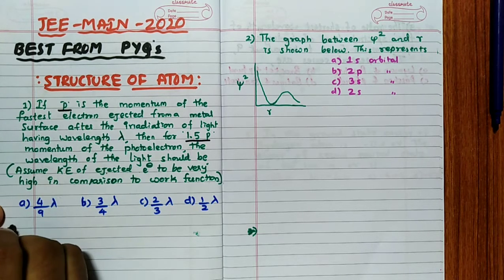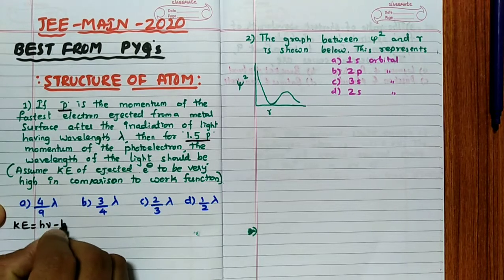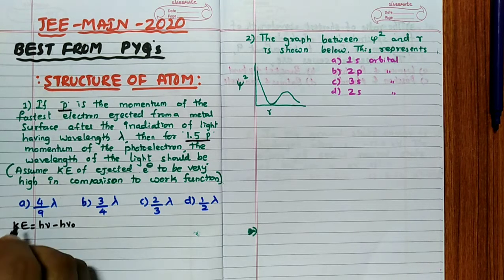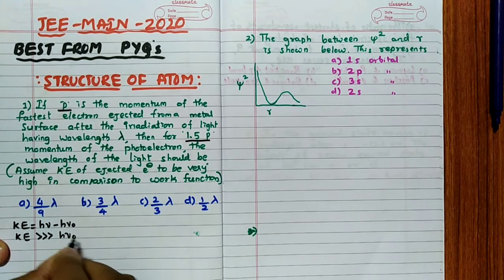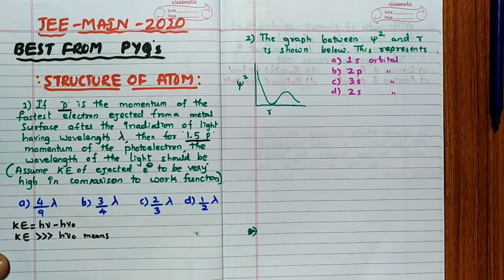Correct? First we have to say kinetic energy is equal to h nu minus h nu naught. That we know that. Correct? So what they have given, kinetic energy, this is h nu naught is nothing but work function. Correct? Kinetic energy is more than h nu naught. Remember, the meaning is that it means that h nu naught is negligible.